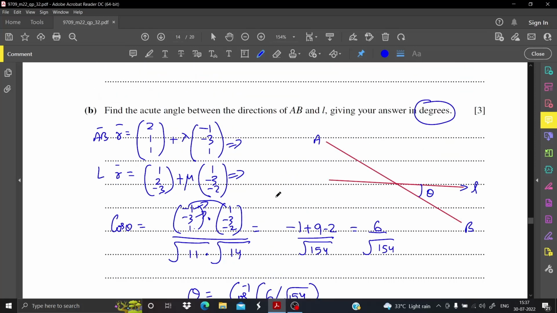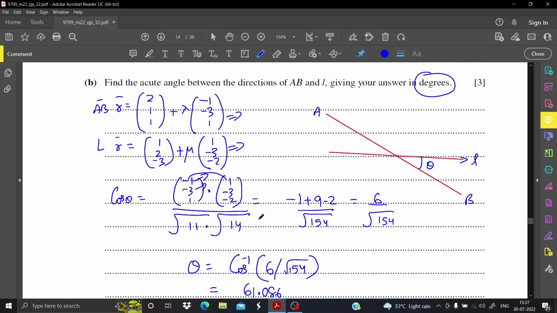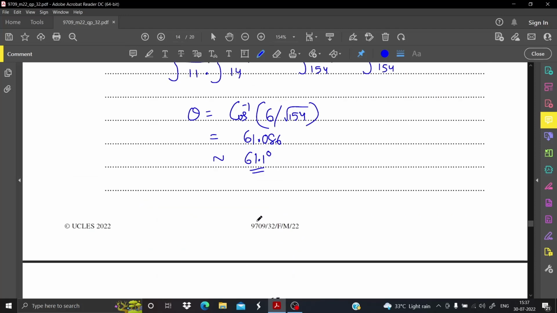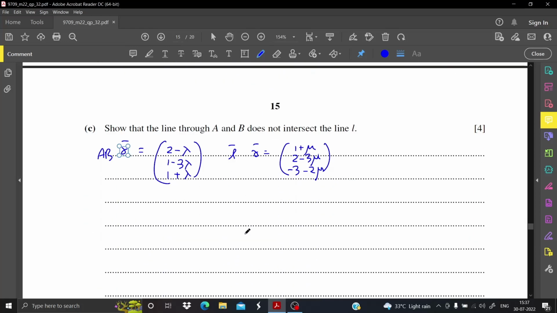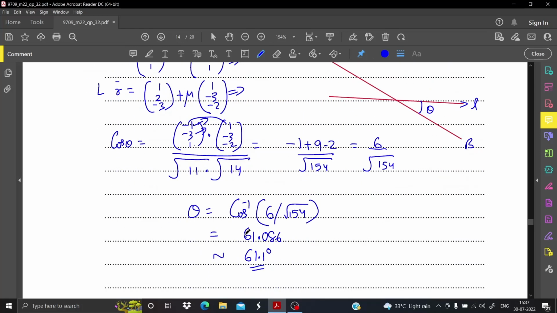So let me check once again. (2, 1, 1): so 2 minus lambda, 1 minus 3 lambda, 1 plus lambda, and then you have 1 plus mu, 2 minus 3 mu, and then minus 3 minus 2 mu.